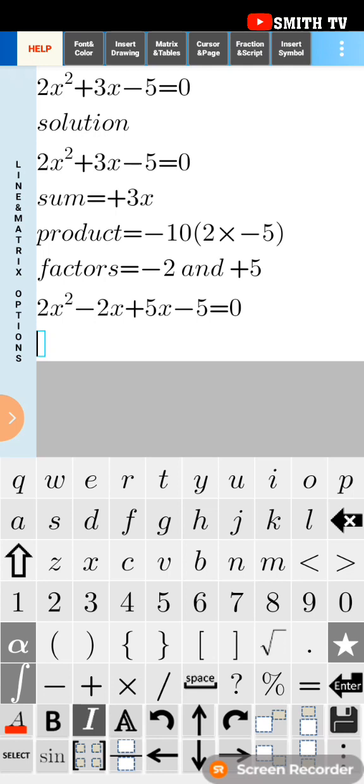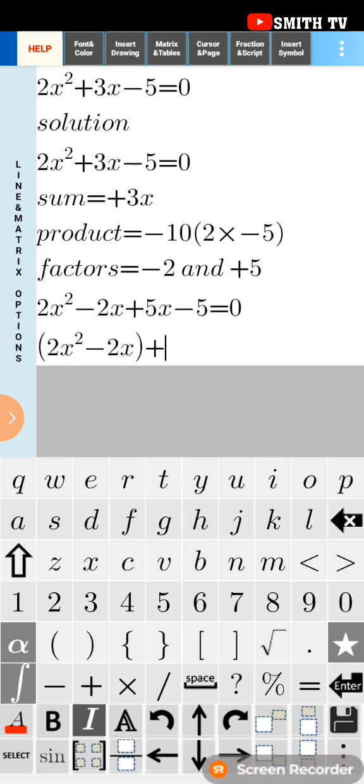Having done this, I'm going to group them, that is, putting them in two different brackets. The first bracket will be open bracket 2x squared minus 2x, close bracket.